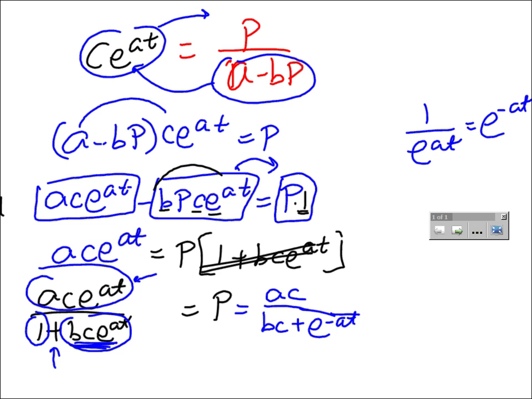Okay. So this is what p of t is. With the constant. We have a constant. p is equal to ac over bc plus e to the negative at.